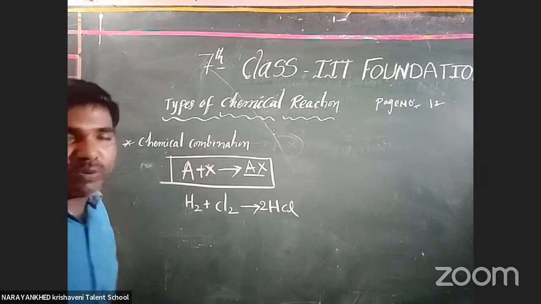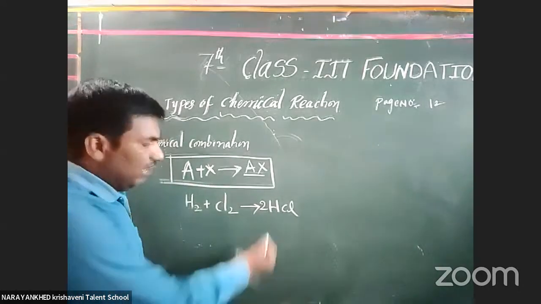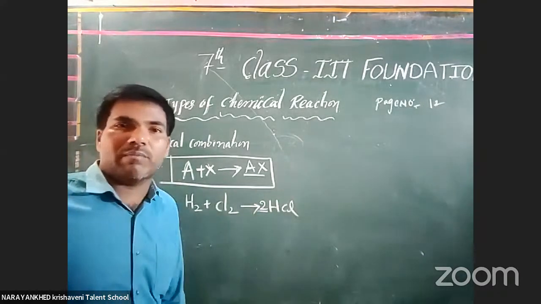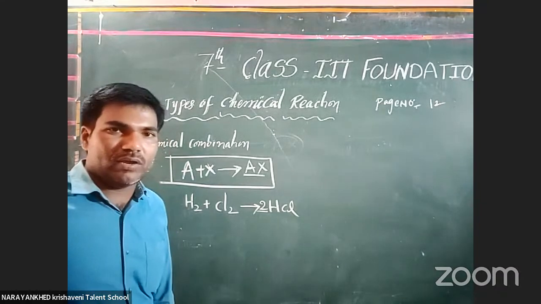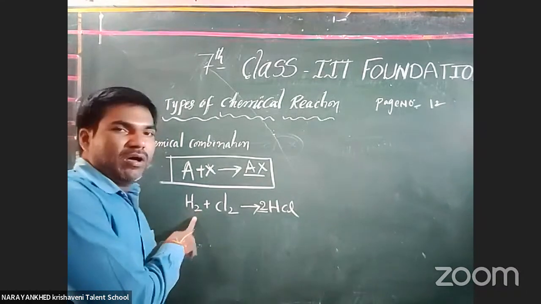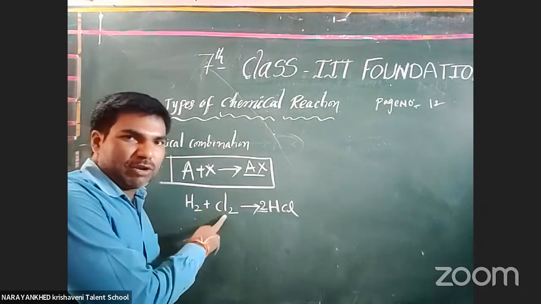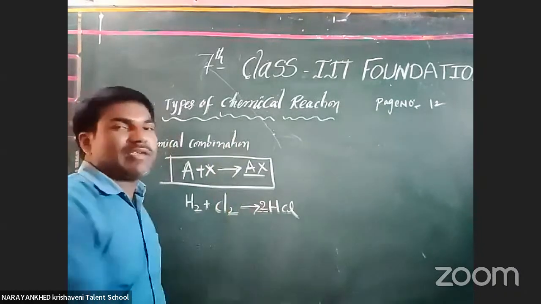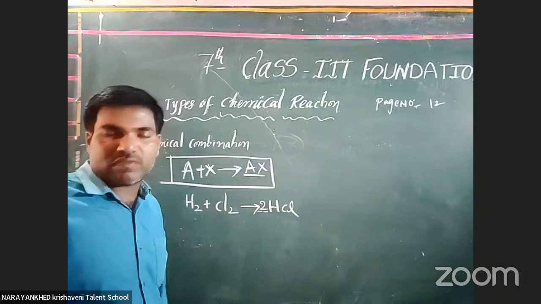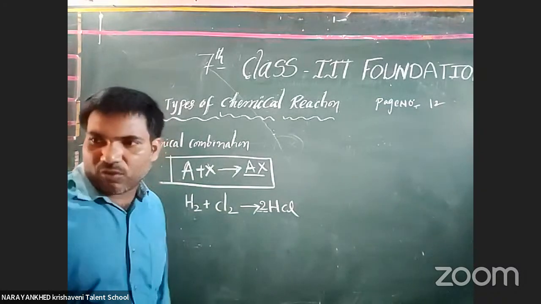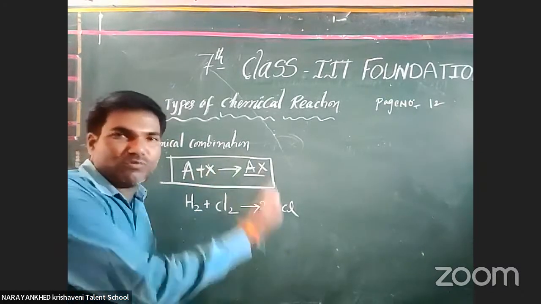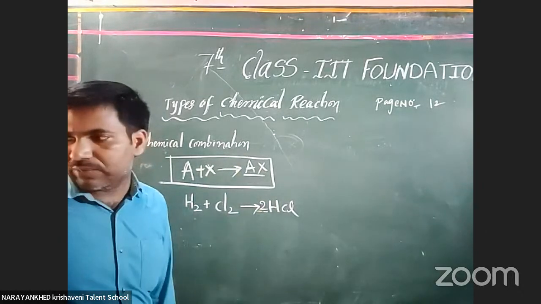Already in the previous classes we have discussed this. Why have we written 2 here? That is called chemical balancing. Whatever the number of hydrogens and chlorines there are, there should be the same amount after the chemical reaction. However many reactants there are, that much should be on the product side. Got it?